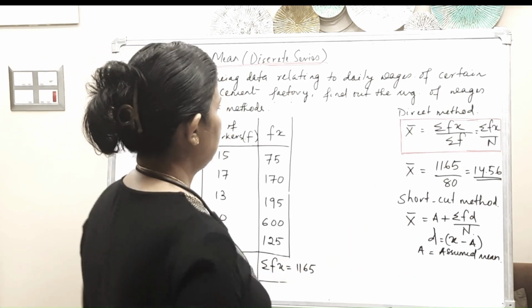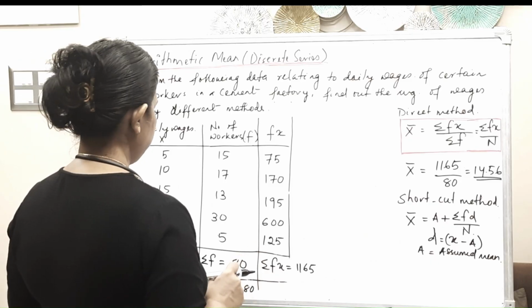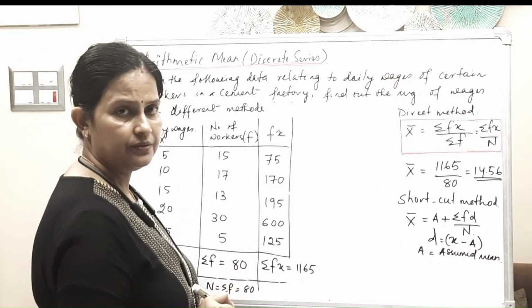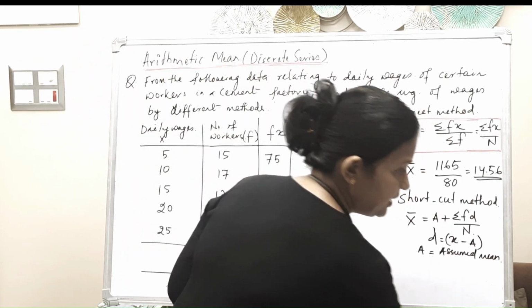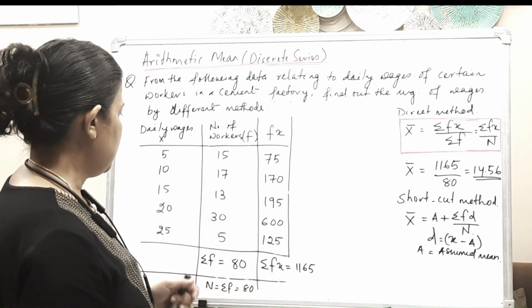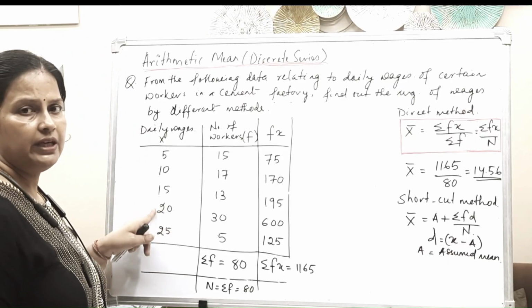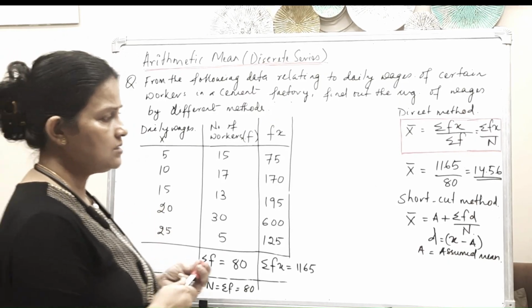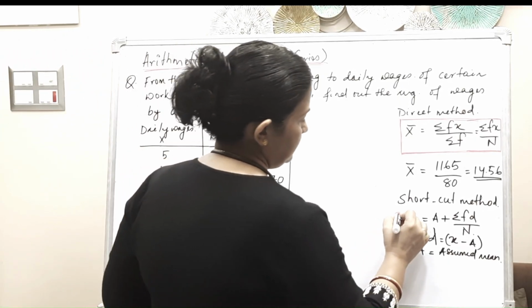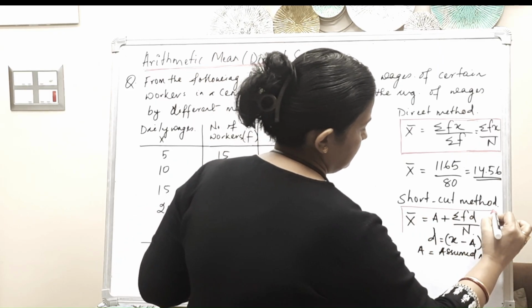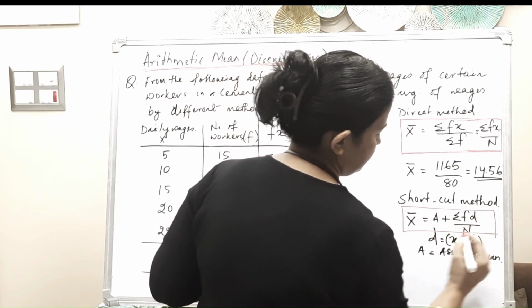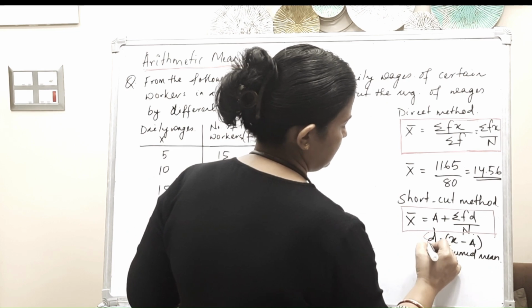So to find deviation, we need to first assume one value, assume one mean from the series. It is always better to assume the middle value so that we can do the calculation more easily.